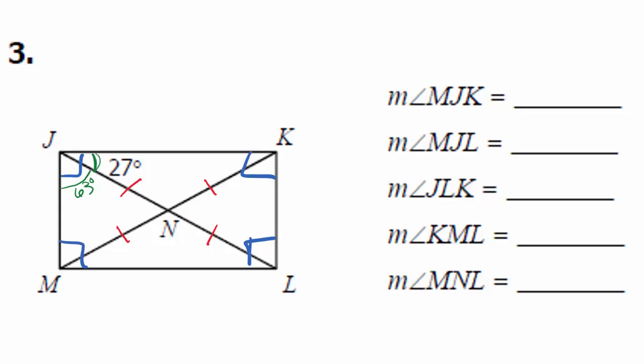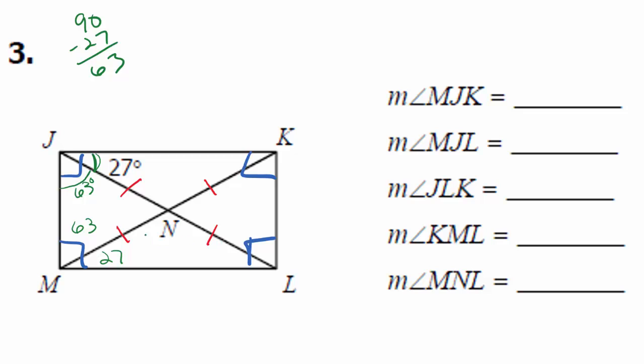Because 90 minus 27 is 63. Now, let's take a look at this triangle right here. What kind of triangle is it? The answer is it's an isosceles triangle. Two of the sides are congruent to each other. Remember, in an isosceles triangle, the opposite angles are congruent. So guess what? This one is also 63. And if that's 63, this is 27.